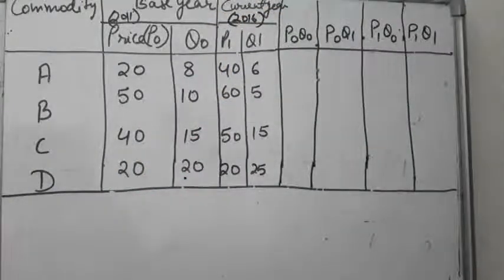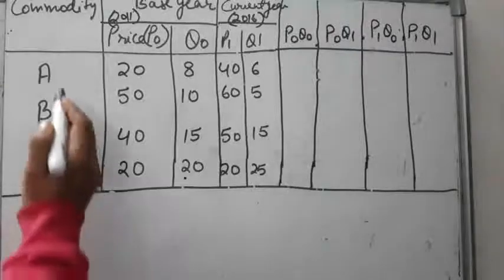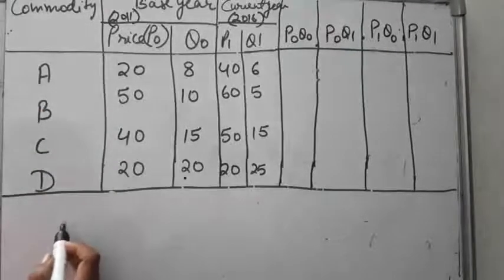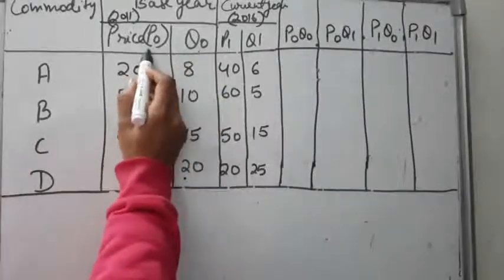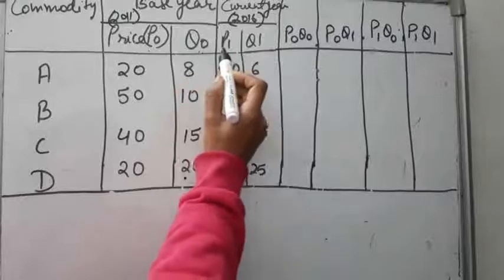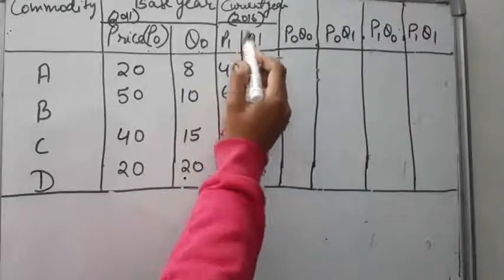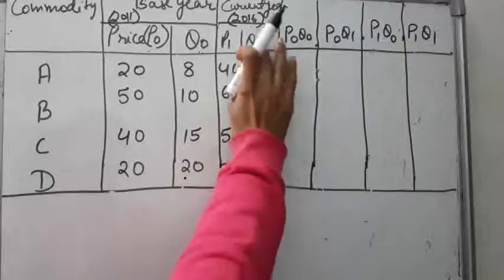So we have to construct the price index number for the year 2016 with 2011 as the base year, and we will use all three methods, Laspeyres method, Paasche's method and Fisher's method, for calculating the index number. Here 4 commodities are given. According to that, price and quantity P0, Q0, base year price and base year quantity is given, and P1 and Q1, current year price and current year quantity is given.